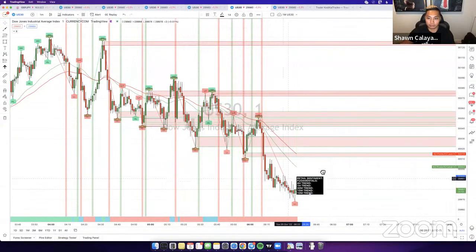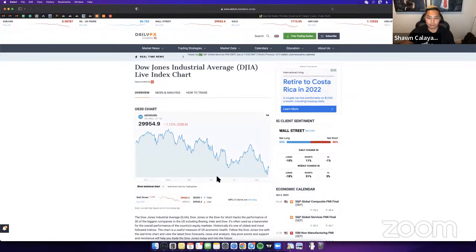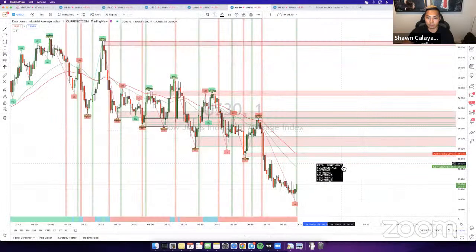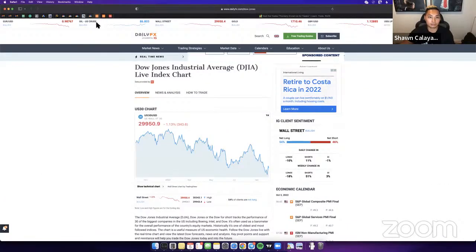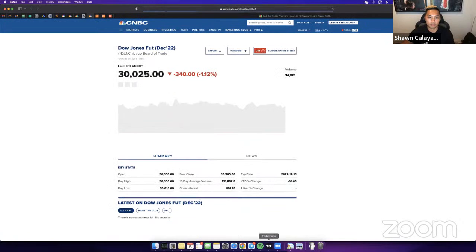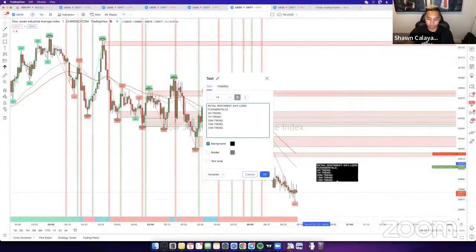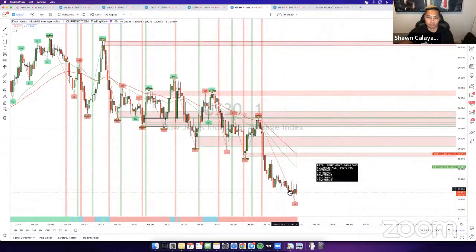Looking over here, the retail sentiment is currently 54% long, so let's put 54% long. Fundamentals are currently negative 340 points. There are no zones down here, so there's not going to be entries for us to take anyway.